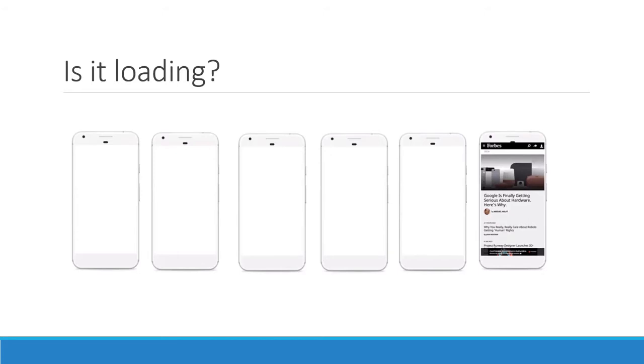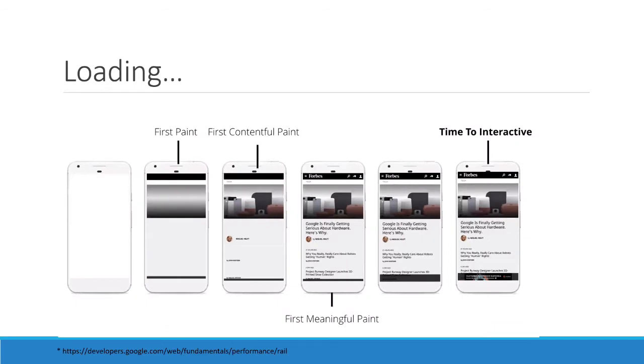Now compare that to this slide here. Again, the page loads at 5 seconds, but this time you can see on the 2nd frame, you got the first paint. You can see something on screen. So you're saying something is happening, it's definitely not broken, and continue. On the 3rd and 4th frames, you can see some more. On the 3rd, you can see an image, and on the 4th, you can see some content.